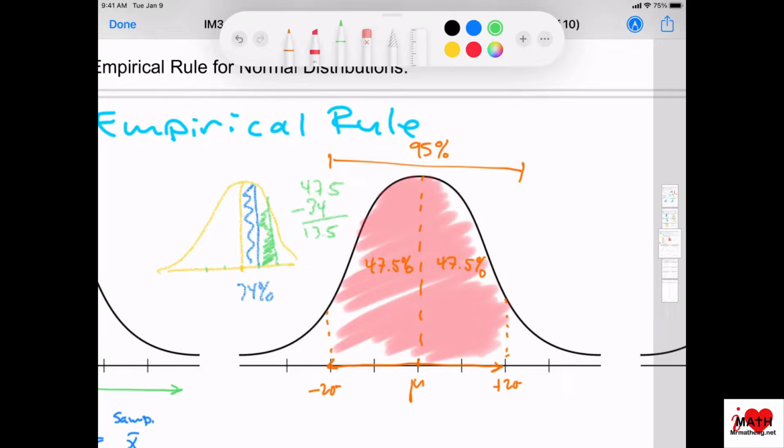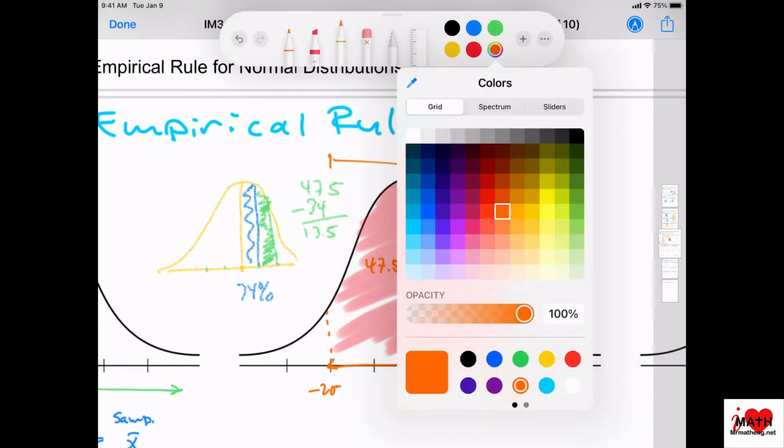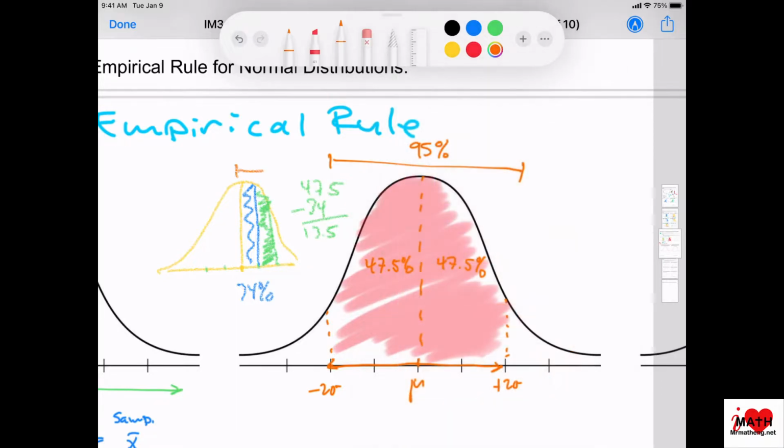Why? Because the green area is 13.5, and the blue area is 34, if you add those two together, you will get 47.5. So that, going that direction, remember, is 47.5. Okay? And let's do the last one.